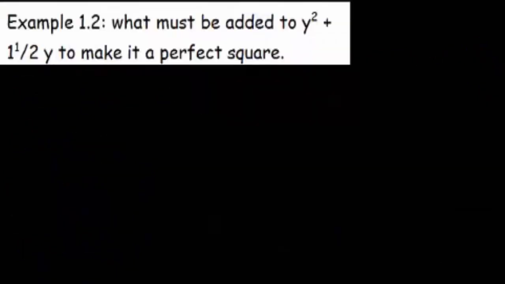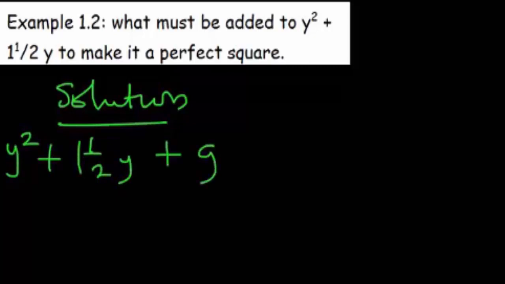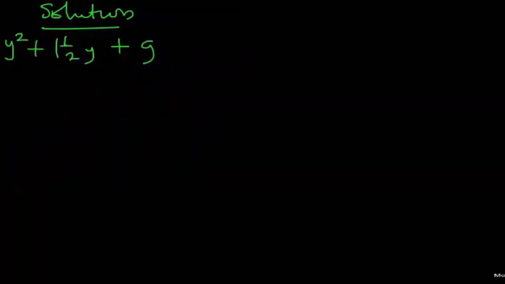Okay, now we have example 1.2 on the board. What must be added to y squared plus 1 and 1 over 2 y to make it a perfect square? Solution. Let's call what must be added g.